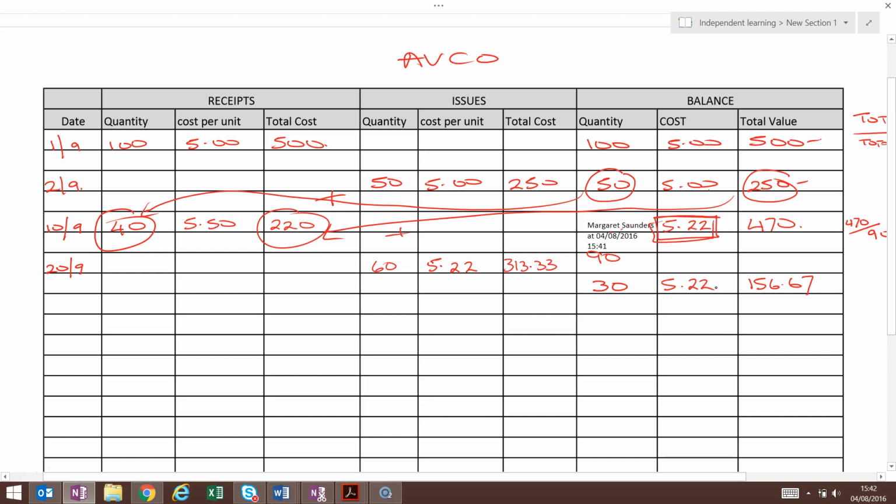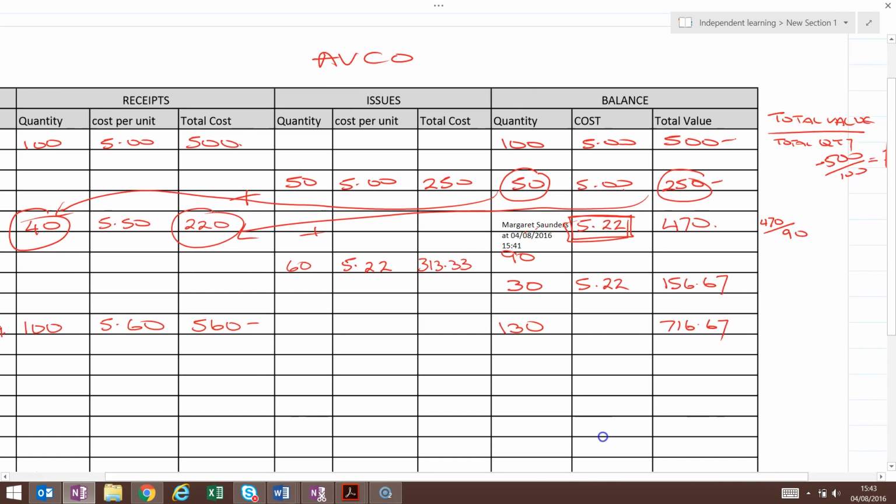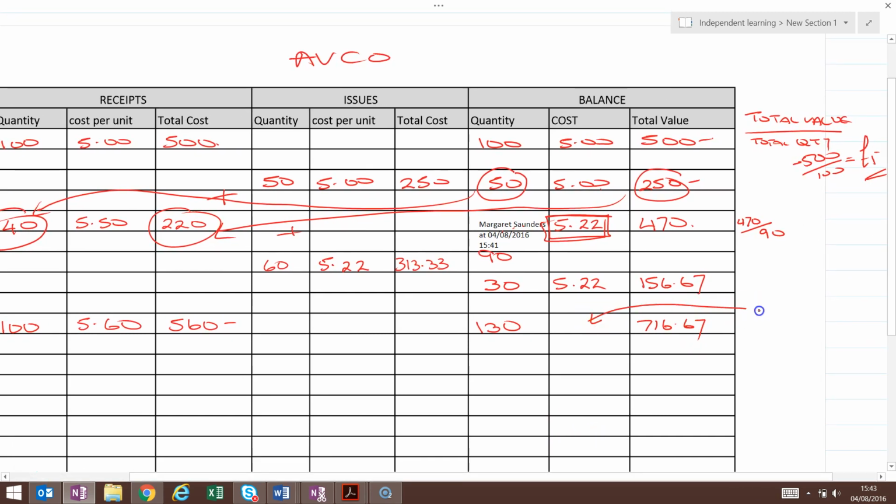And finally, 27th, the last receipt, 100 units, £5.60, £560. Add that to what we've already got, 130, 716.67, and to get the average cost, 716.67 divided by 130 gives us £5.51.